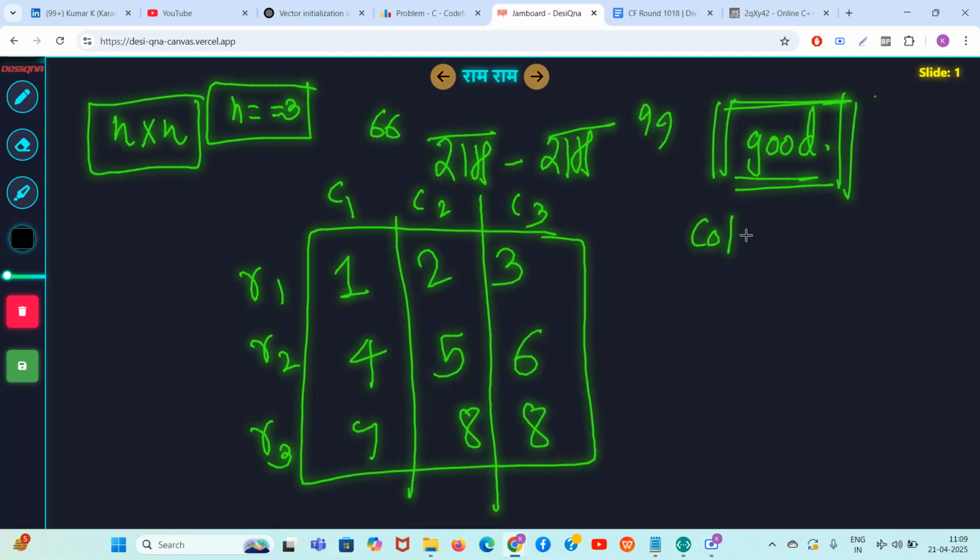So column operations can only affect horizontal adjacent bonds. So whenever horizontal adjacent bonds are equal, you will do a column operation. Now let me take one more brilliant example for you.